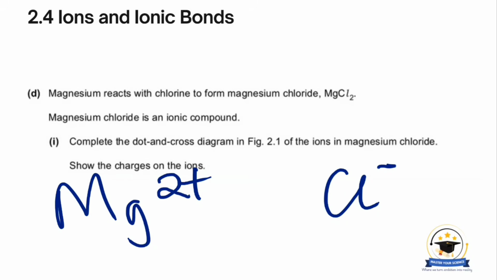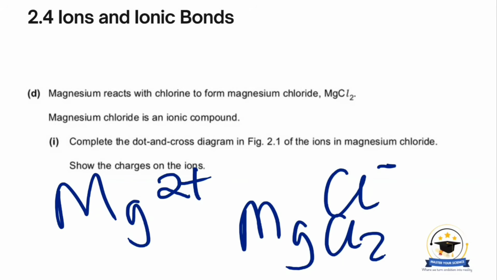So magnesium loses 2 electrons, but each chlorine atom will only take 1, which means the ratio in which these combine will be just as shown in the formula, which is 1 magnesium to 2 chlorine ions. Now we already know we've got a charge of 2 plus for magnesium and minus for chlorine. So let's go and complete the dot and cross diagram.